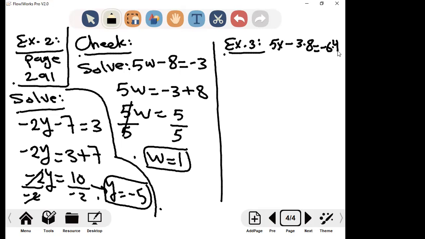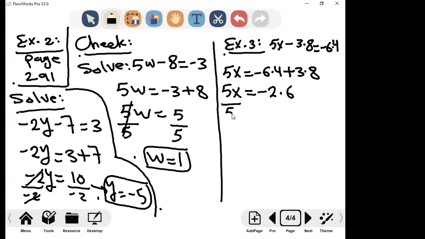Okay. Now we shift, I mean the connected number, which is -3.8. So 5x equals -6.4 plus 3.8. 5x equals, here you subtract and put the bigger sign, it will be -2.6.